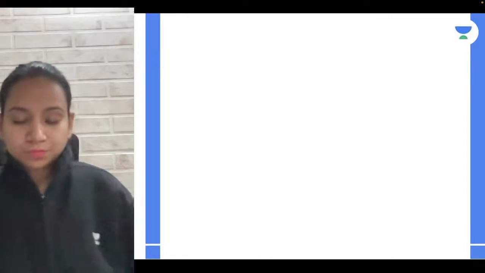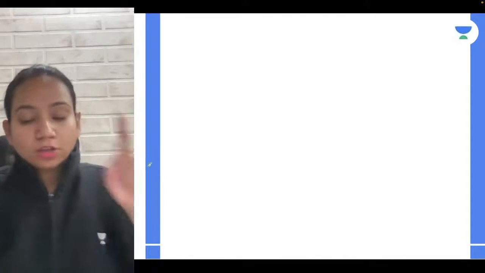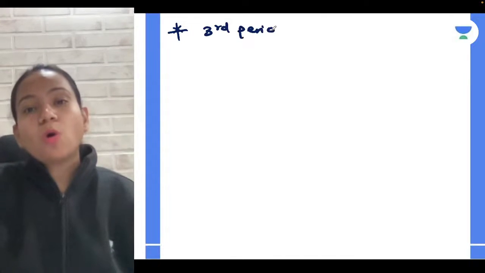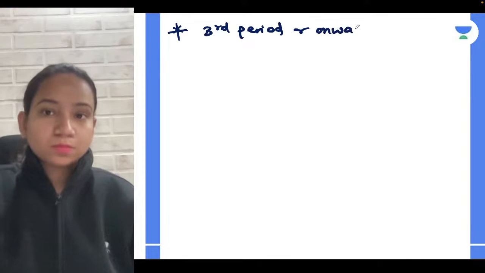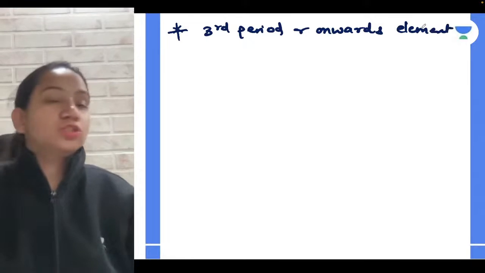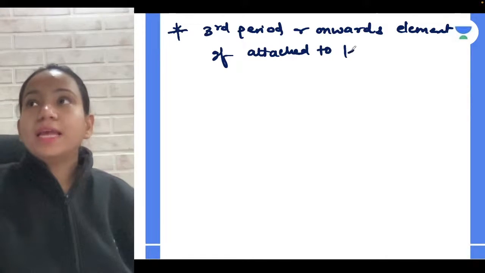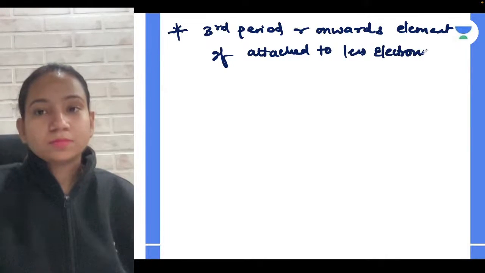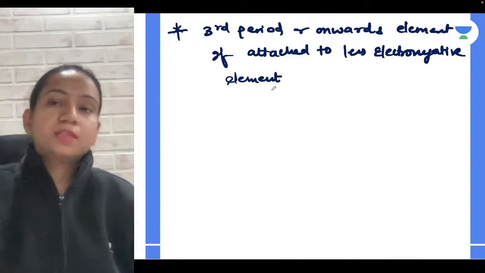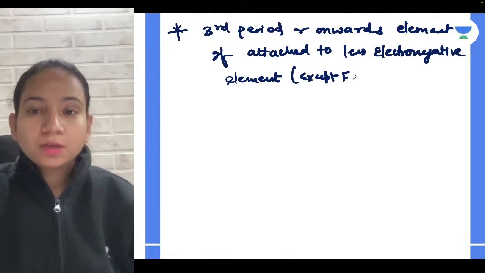Drago's compounds are nothing but the compounds in which your third period or onward elements, remember that, guys, third period or onward elements, are attached to less electronegative elements, meaning except fluorine.